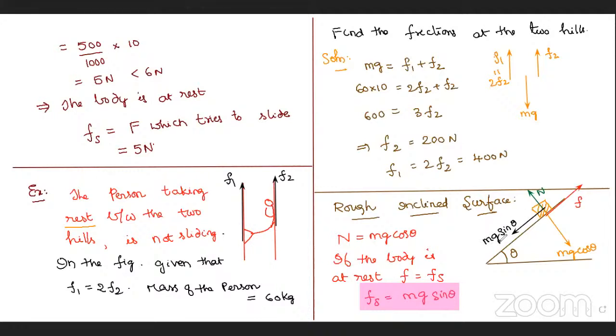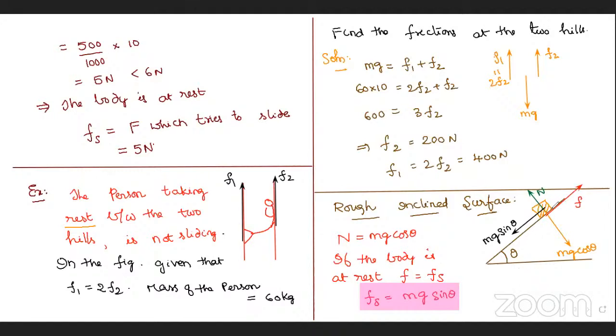If mg sine theta is increased, then the friction also increases and reaches one condition called limiting friction, Fms.